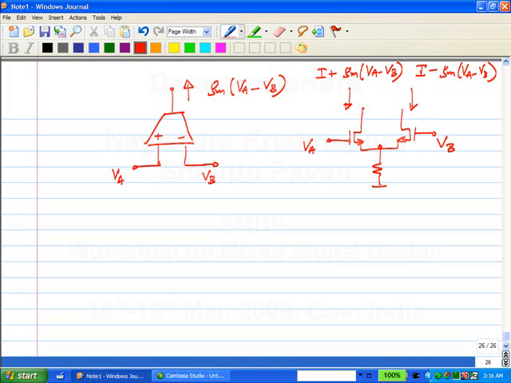And what do you think? Can you suggest a simple way of turning this on and off? We need not only just a voltage controlled current source, but we also need to be able to turn it off during some time. Correct? So what do you think I can do? You put a switch. Okay, if I do this whole thing is dead. Correct?